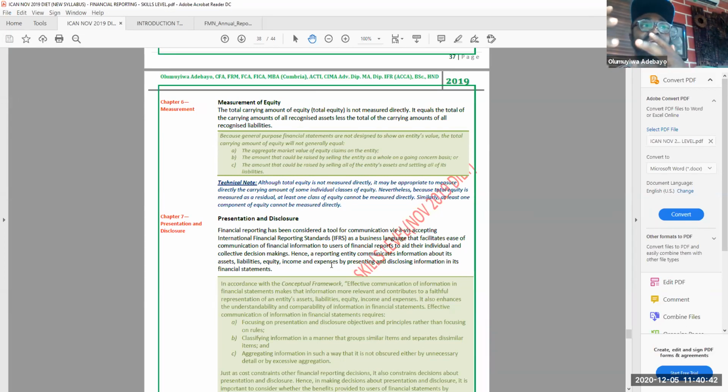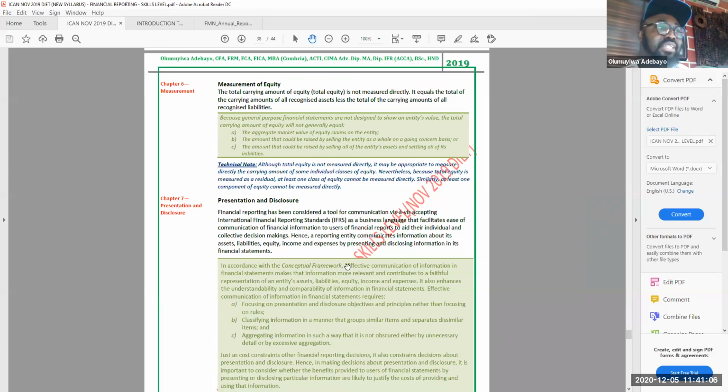Nevertheless, because total equity is measured as a residual, remember, it is a net asset, at least one class of equity cannot be measured directly, which means even if you can measure other components directly, at least one will not be measured directly, and that one will surely be retained earnings. Similarly, at least one component of equity cannot be measured directly.